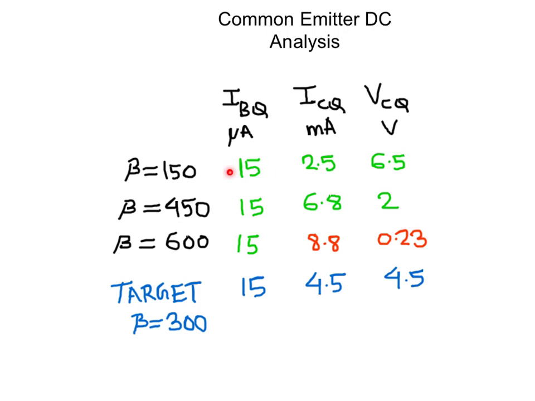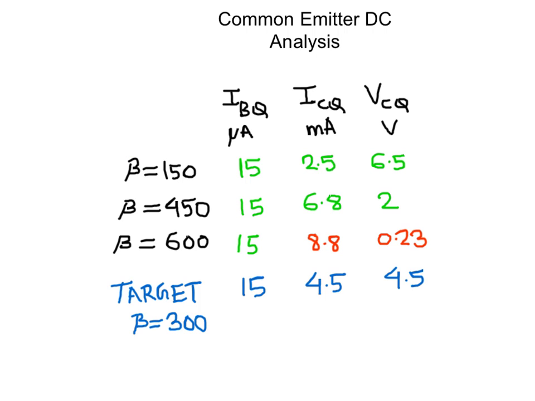We can observe that when we change beta, there is no change in the base current, and that is expected, right, because the base current is fixed. But the collector current and the collector voltage both change significantly as we vary beta.